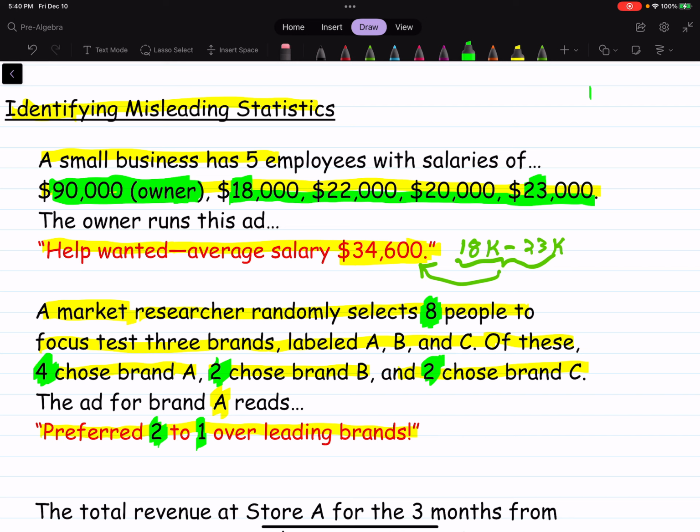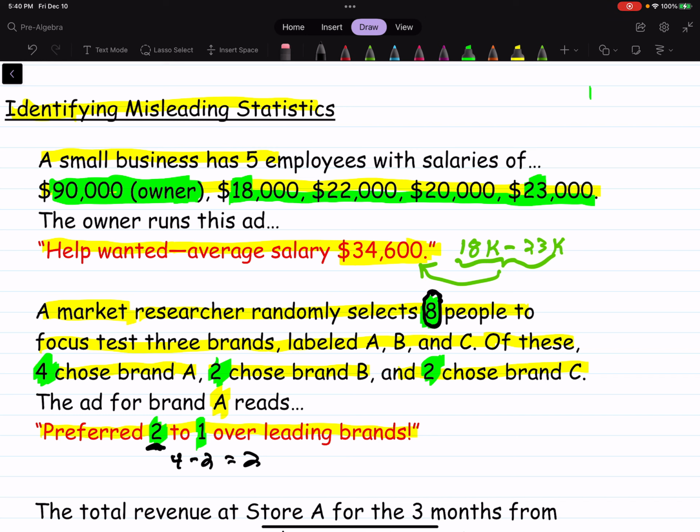So in reality, 2-to-1 here is just 2 people. If you go from 4 to 2, there's only 2 people difference between brand A and brand B or brand C. And so this is misleading because the amount of people that were talked to is just too small.